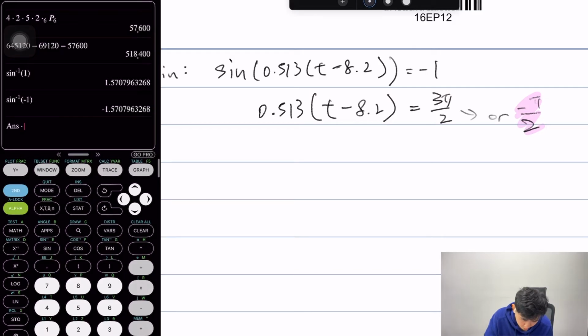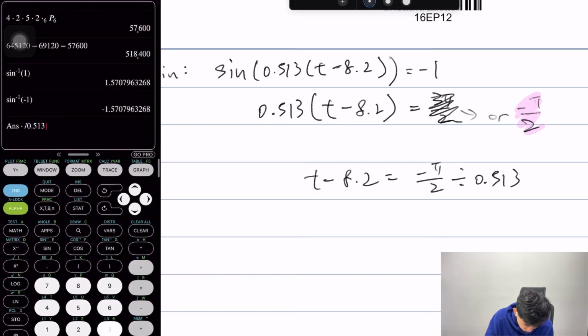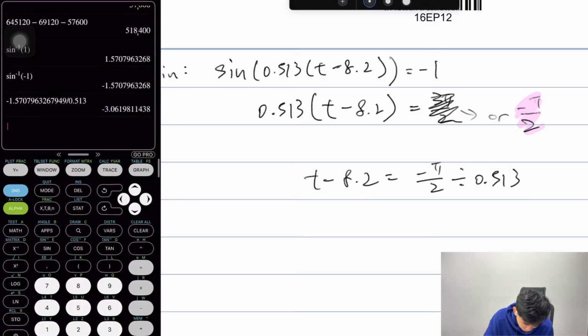So we simply don't write this one yet. t minus 8.2 is equal to negative pi over 2 divided by 0.513. So we're going to divide this one by 0.513, enter.